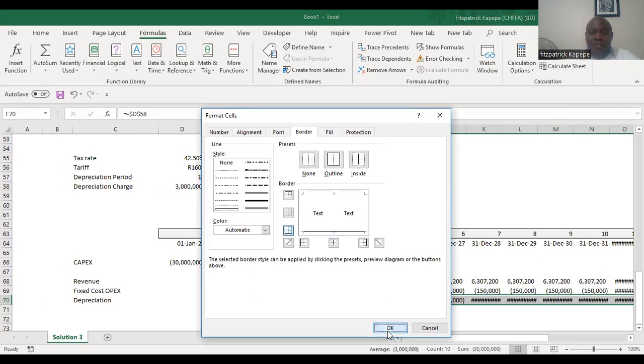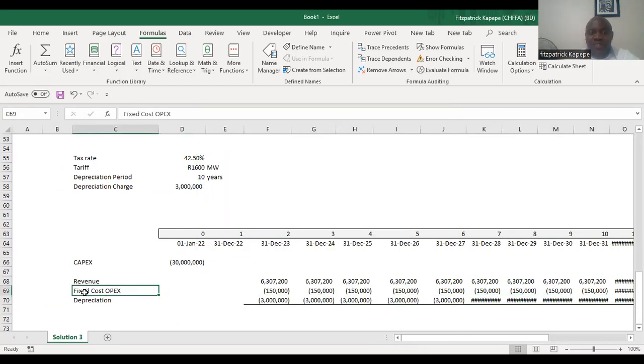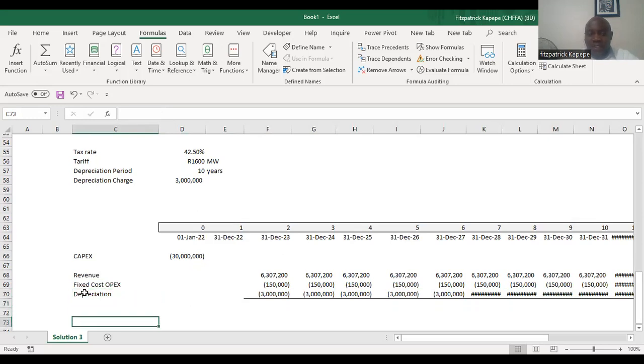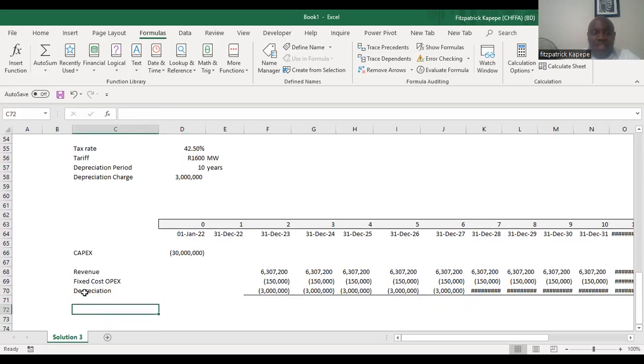So I have these two costs, the fixed cost and depreciation. We don't have variables and the like. So now here, I'll have what I would call operating profit, or profit before tax, maybe. Profit before tax.